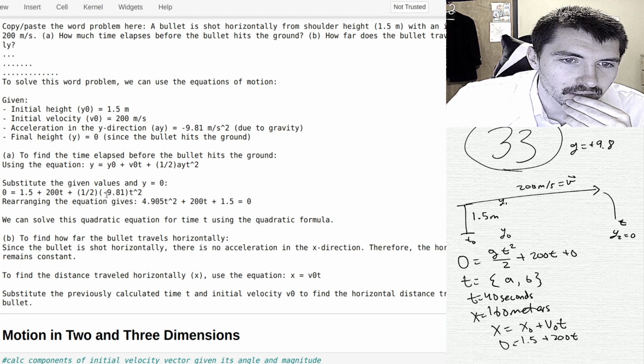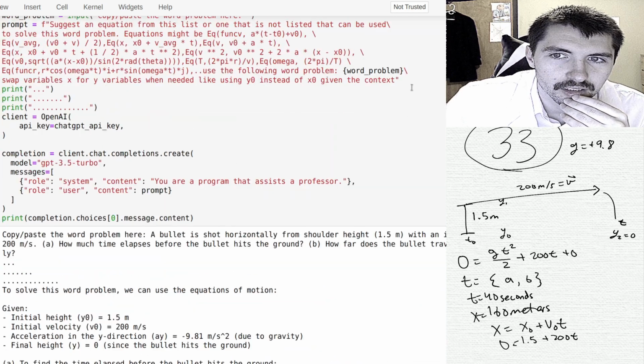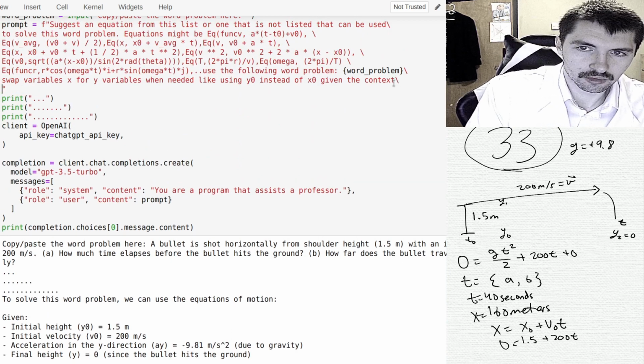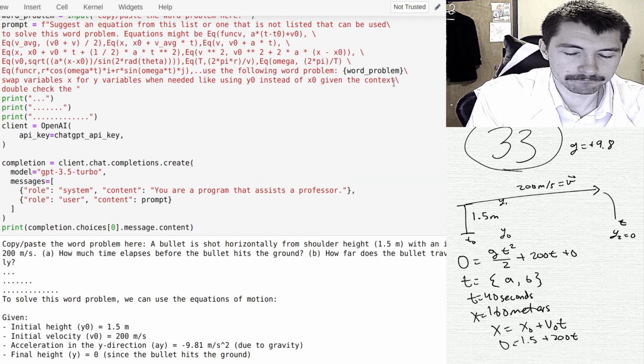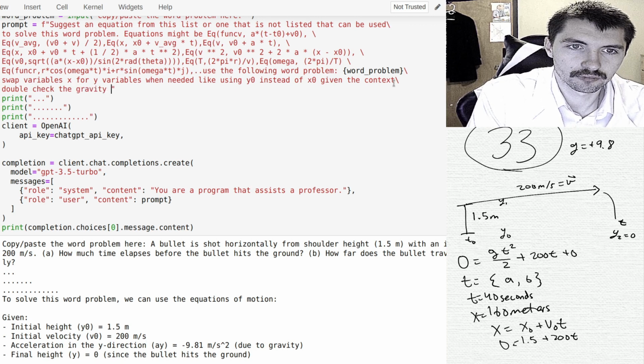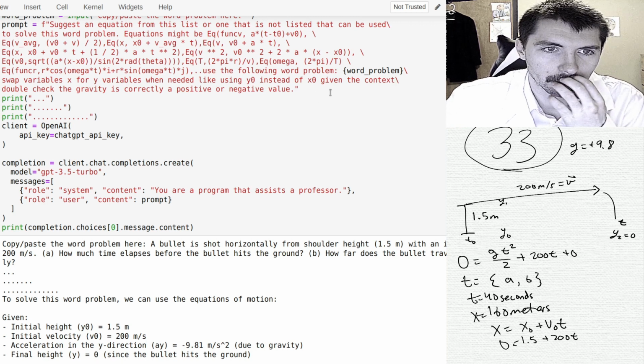Also, they just kind of ignored the negative sign here. So I needed to double check that.